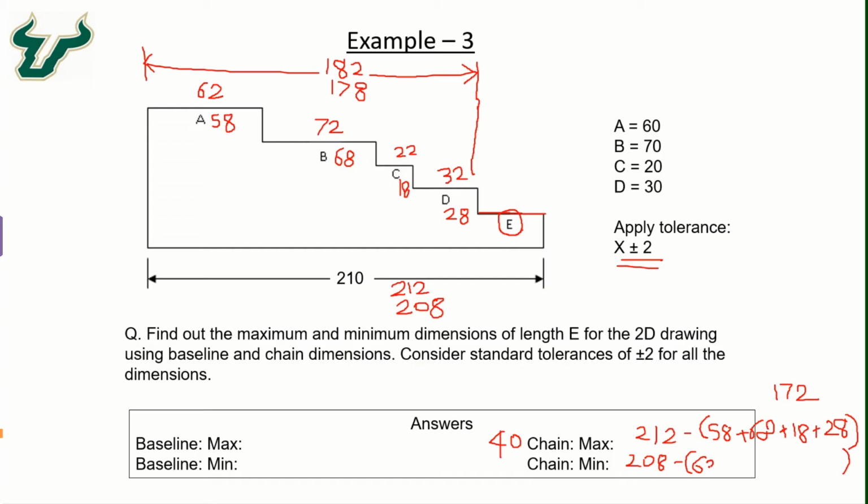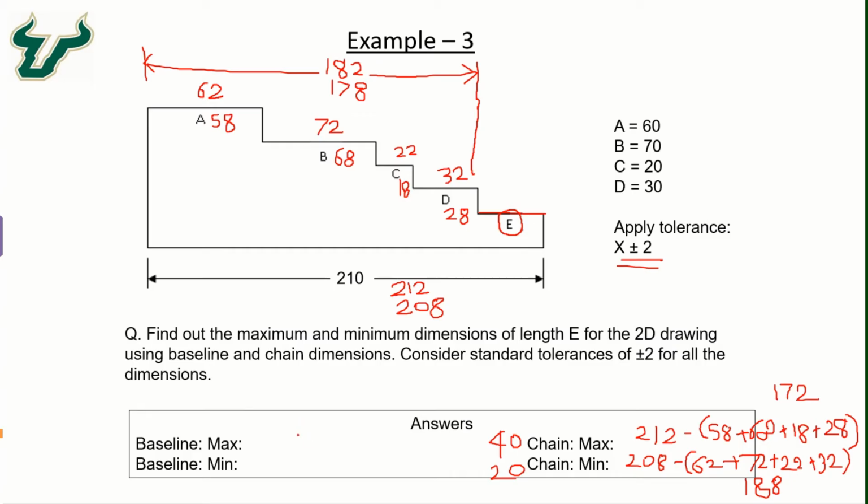So this will be 62 plus 72 plus 22 plus 32, and this number comes out to be 188. So 208 minus 188 will result in 20. So these are the maximum and minimum possible values for the edge E, 40 and 20.